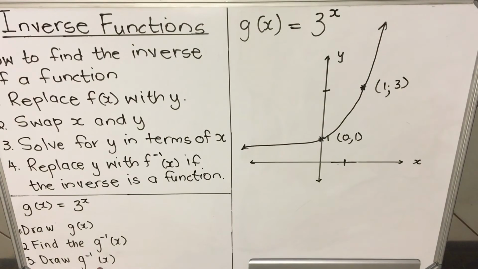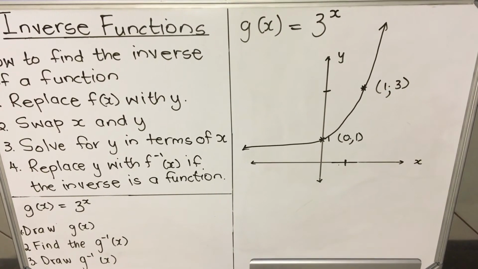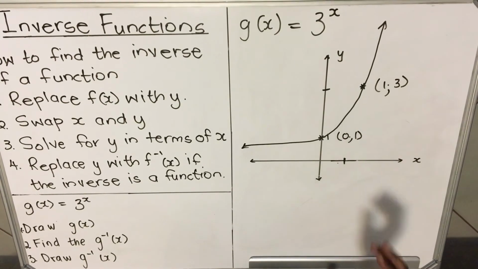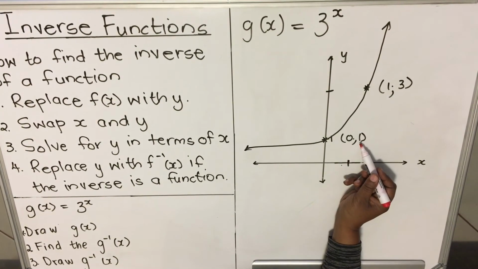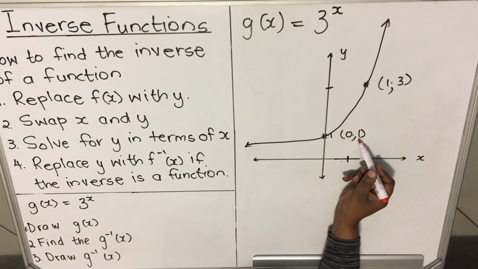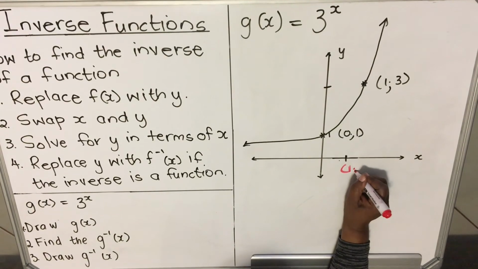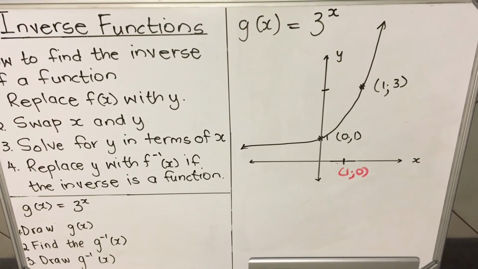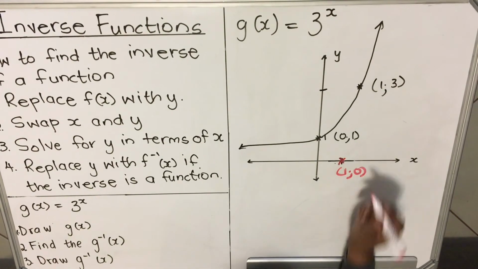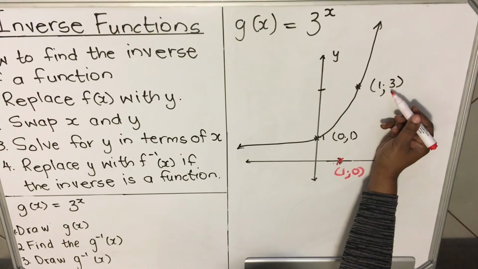Okay, now we're going to draw the inverse function. You don't worry about the logs or any of that. You just take the original function's points and swap them around. (0, 1) means I have (1, 0). My x is 1, my y is 0. So that coordinate is this one. Then I have another coordinate, (1, 3).